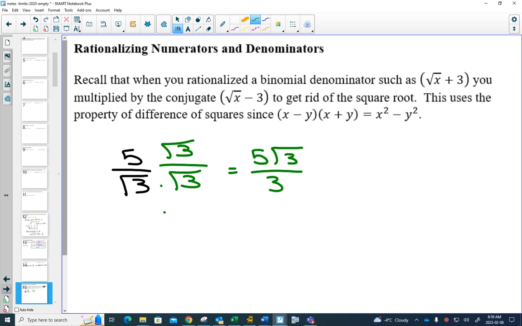But historically, there has been a development of what it means for something to be simplified in mathematics. And one of the rules was that you shouldn't have square roots on the bottom. Even though, for this example, we could now say that's obsolete. Because either you want the answer exact, then the 5 over root 3 is exact, or you want it as a decimal, well then I use my calculator.